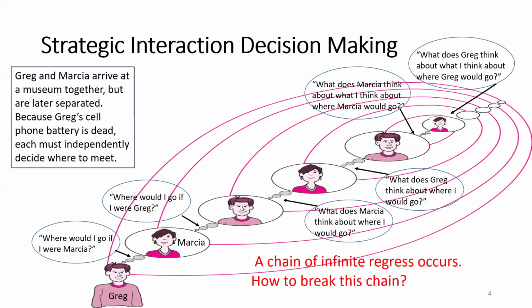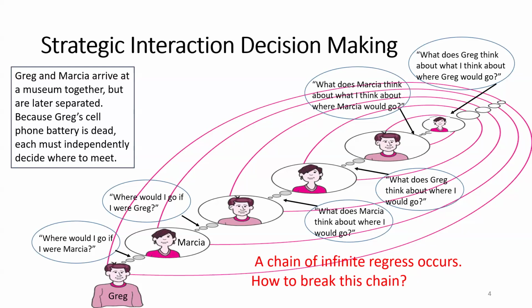They want to meet again. So the boy will think, where would I go if I were Monsieur? That means the boy will think what action will be taken by the girl, the other player.